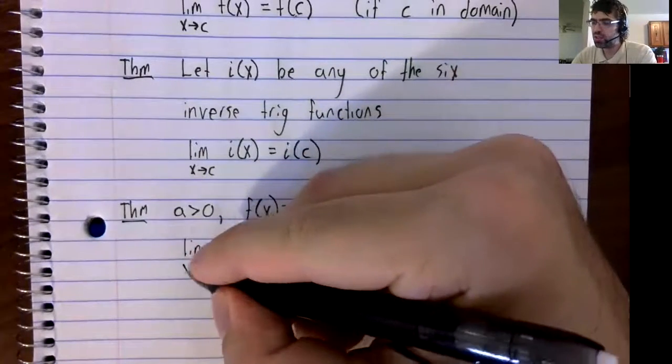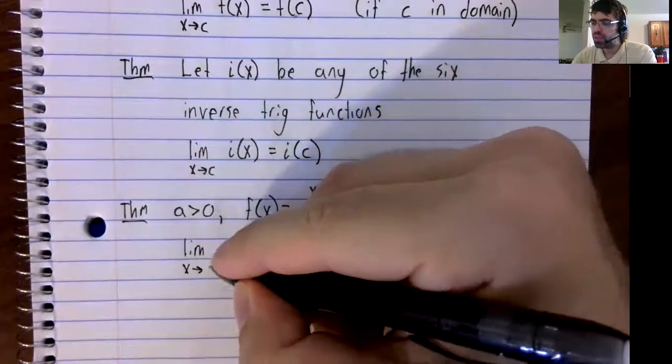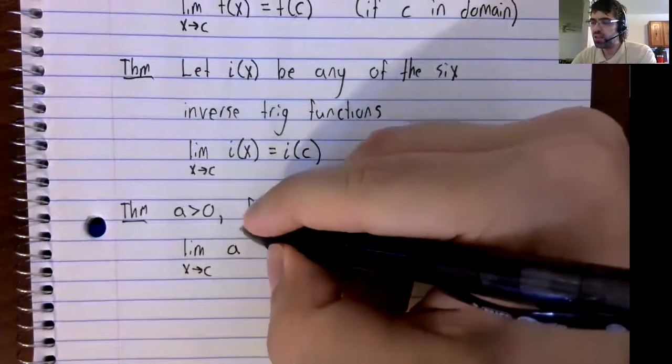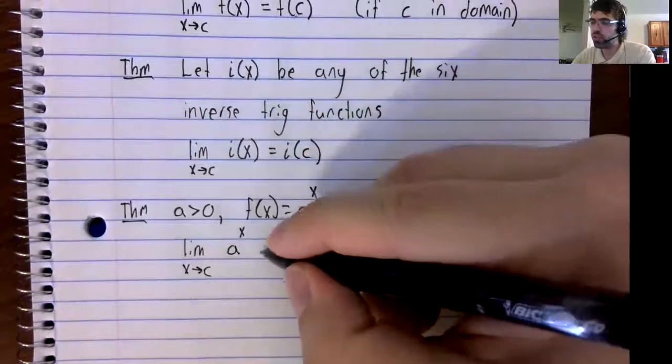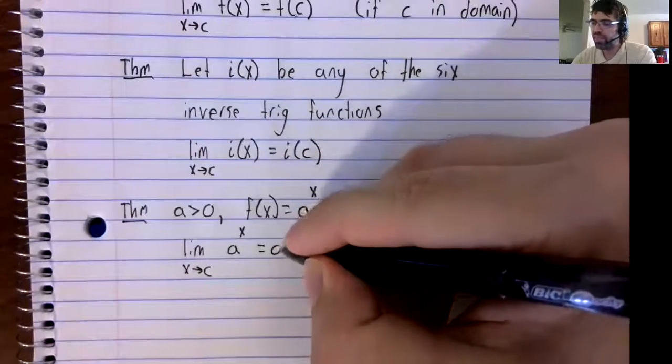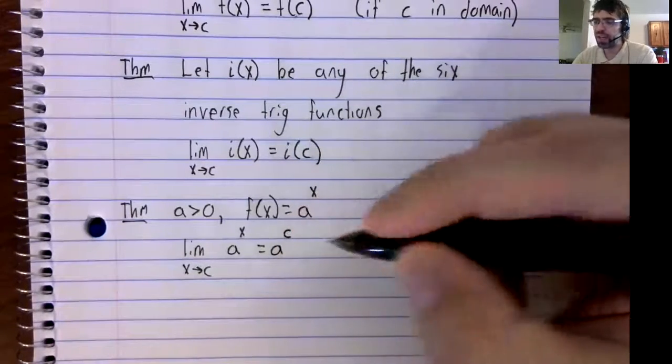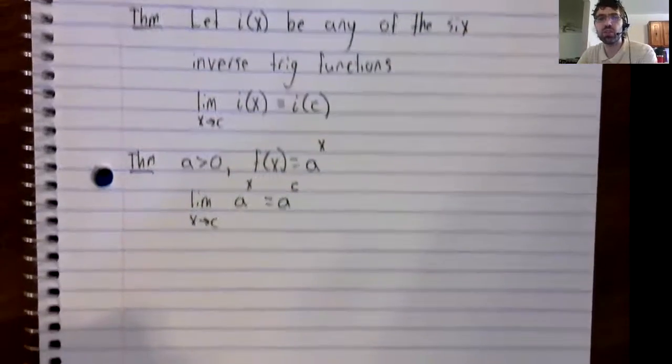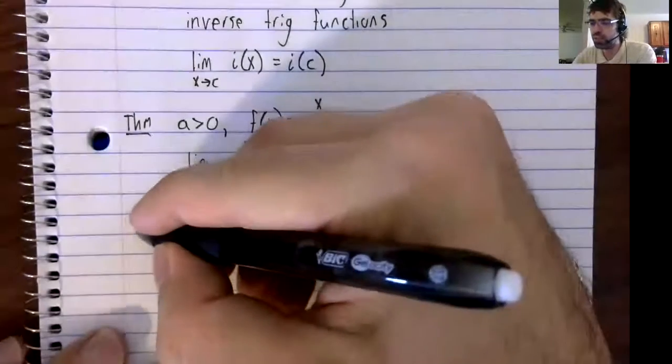The limit as x approaches c of this exponential function can be found by plugging c into the exponential function.